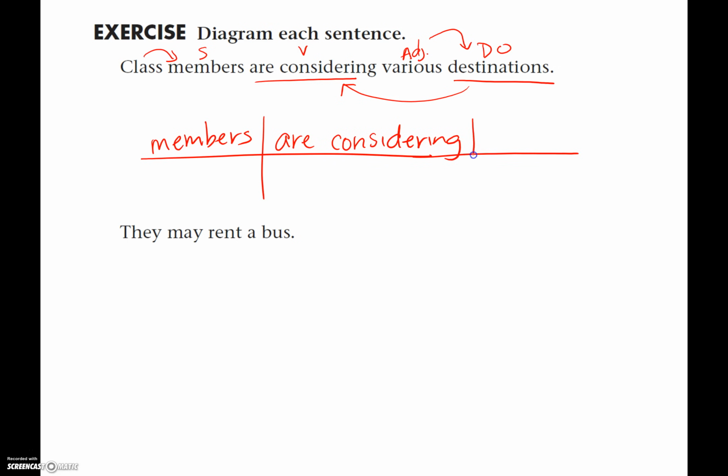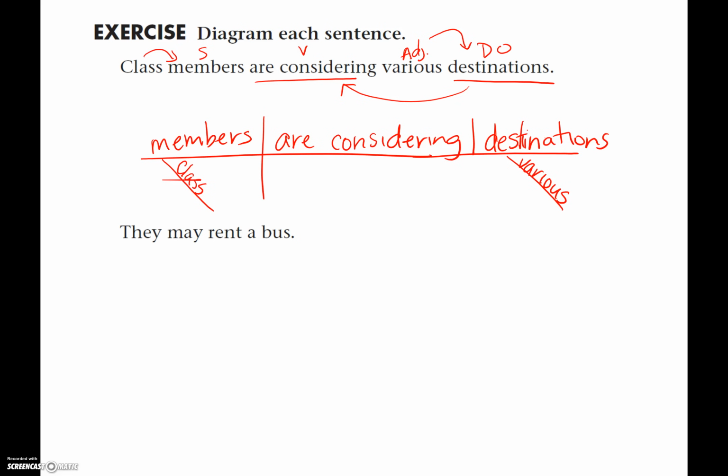Destinations are the thing that they're considering, so we're going to put a part of a line just on the top half, and then destinations underneath. Various is going to go underneath destinations because it's the adjective describing which destinations, and class is going to go under members because it's describing which members we're talking about.